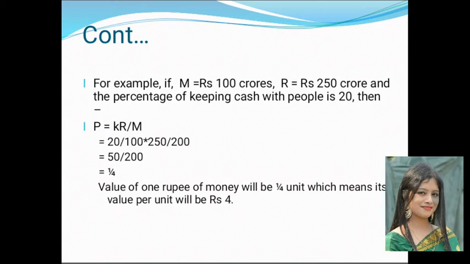We know the equation given by Pigou is P = KR/M. Since the percentage of cash kept by people is 20, in place of K we write 20/100, as it is a percentage. After doing the calculation, we find the value of P as 1/4. So we can conclude that the value of 1 rupee of money will be 1/4 unit, which means its value per unit will be rupees 4.